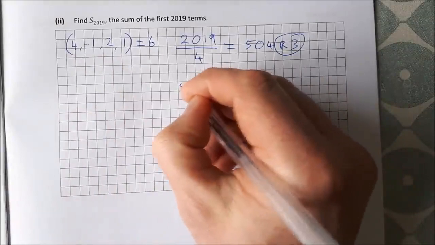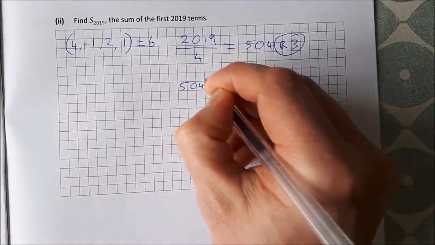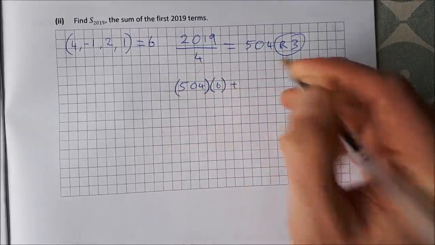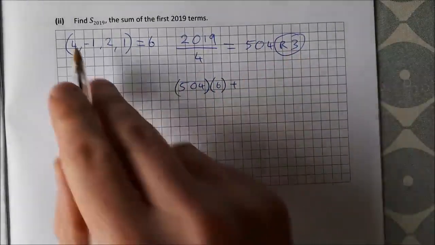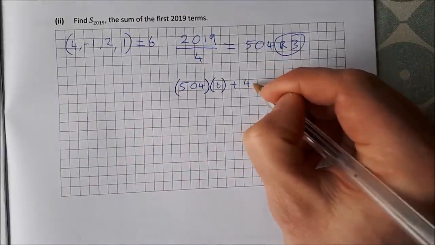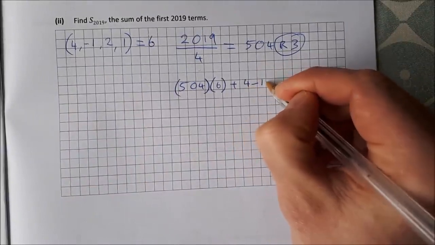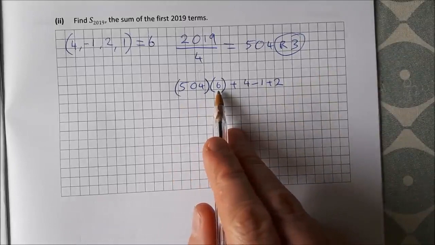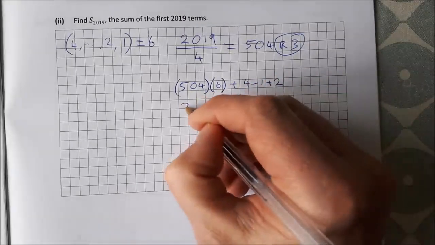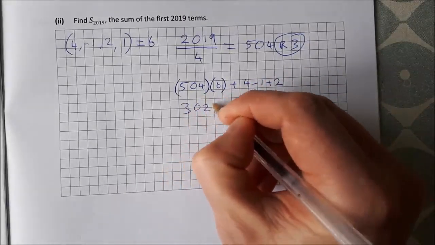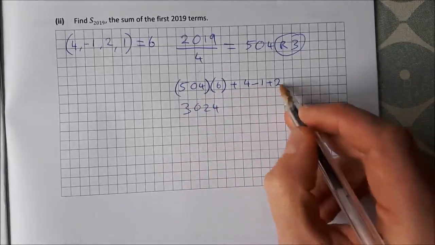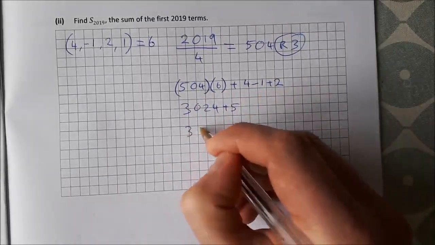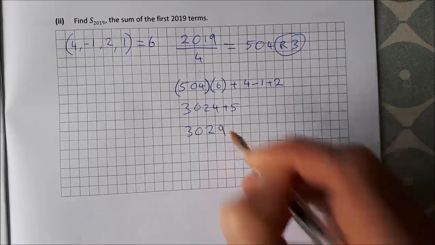So that's 504 times 6 plus the first 3 terms, so plus 4 minus 1 plus 2. 504 times 6 is 3024. 4 minus 1 is 3 plus 2 is 5. So that equals 3029.